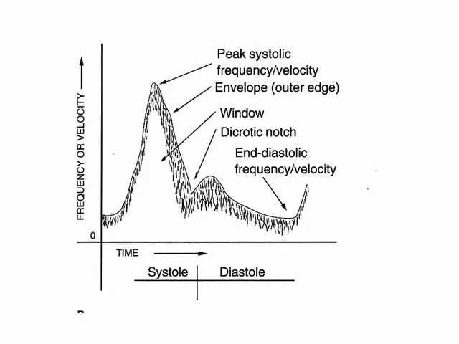This is the shape of a spectral arterial wave. In the vertical we have the frequency of the Doppler shift or the velocity of the blood. In the horizontal you have the time. One part of the time is systole, when the heart contracts and the blood moves.